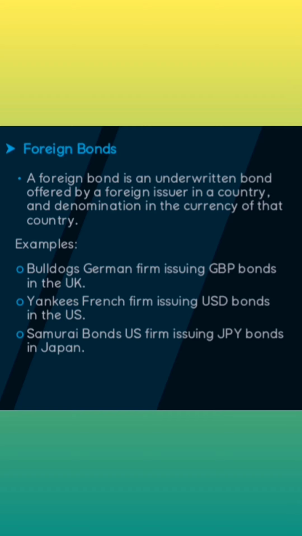Here are examples of foreign bonds. First, Bulldog: a German firm issuing GBP bonds in the UK. Second, Yankee: a French firm issuing US dollar bonds in the US. And lastly, Samurai bonds: a US firm issuing JPY, or yen, bonds in Japan.